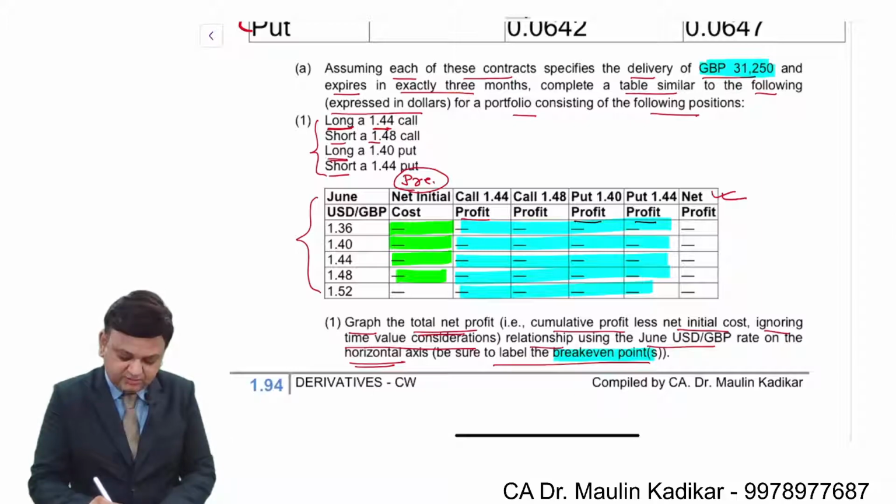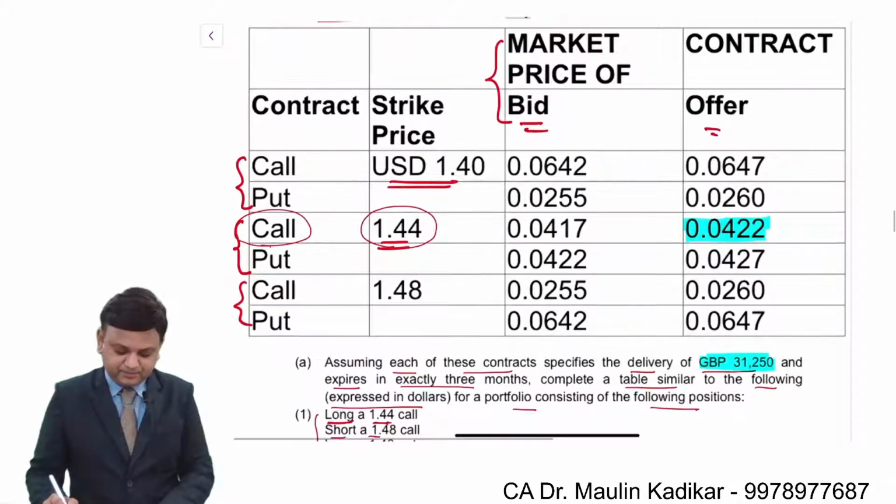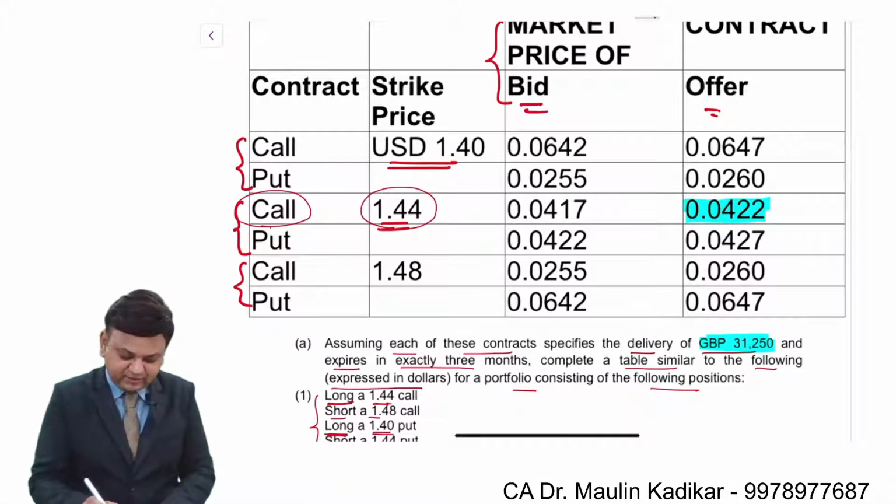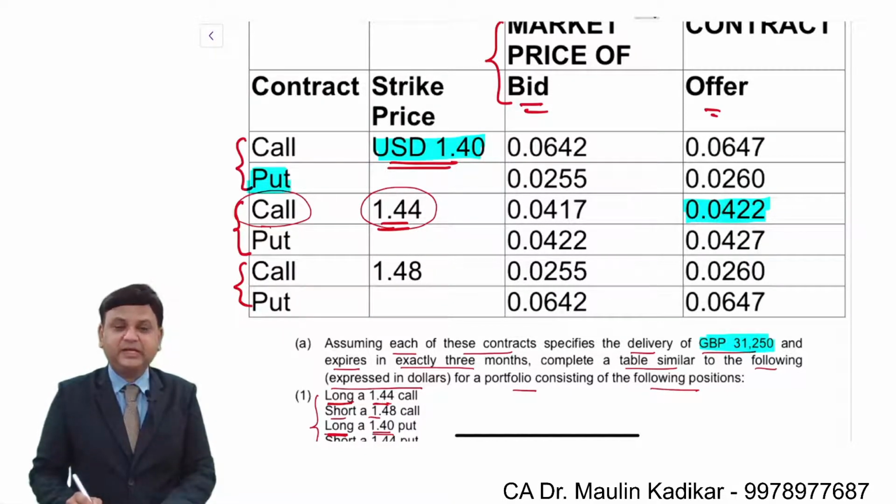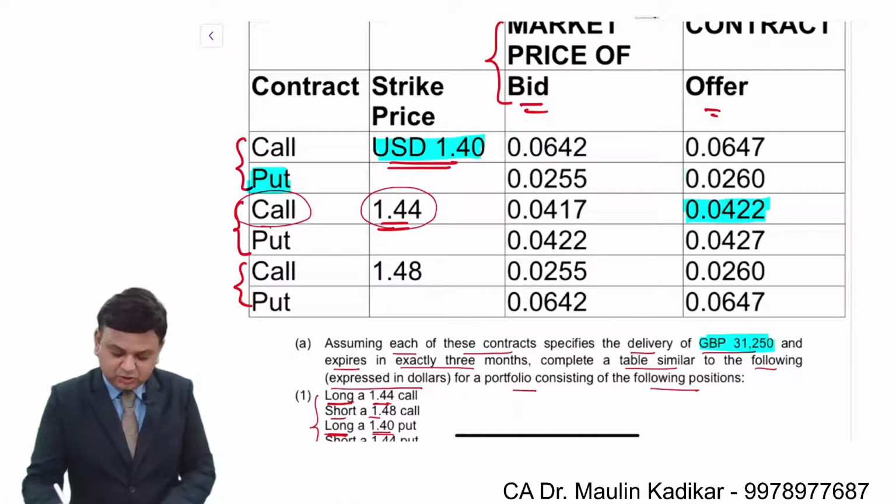Then again long means purchase. 1.40 put. So you have to see $1.40 per pound as exercise price, put option, and again you have purchased, so you have to pay the higher amount of the premium.